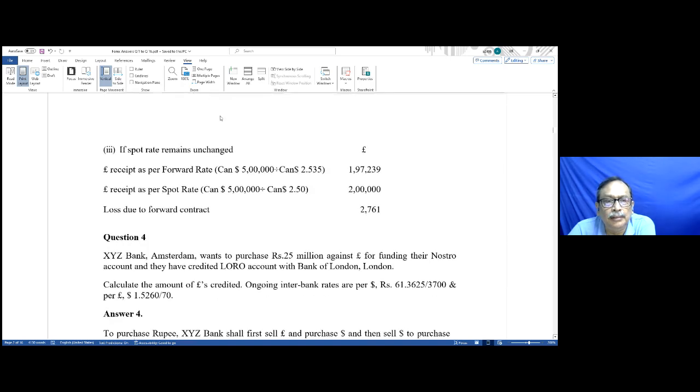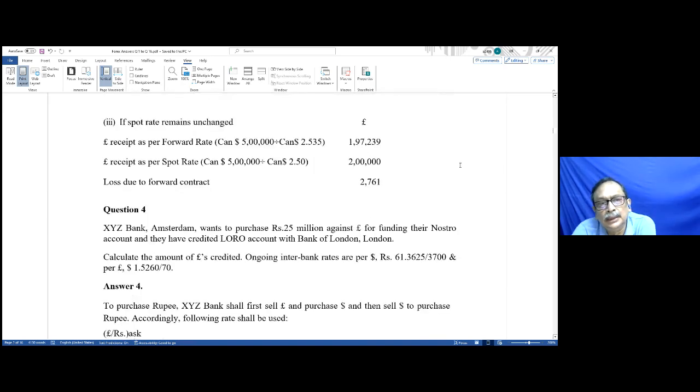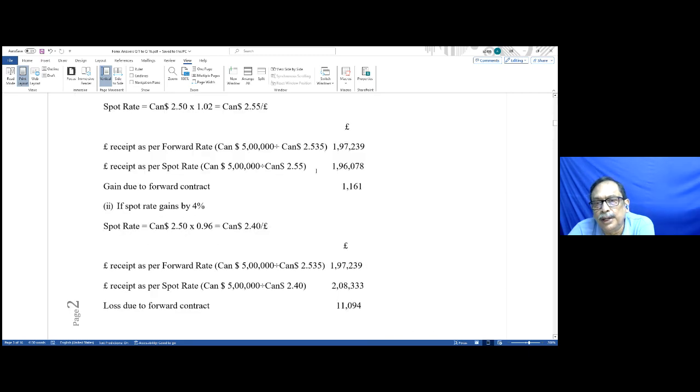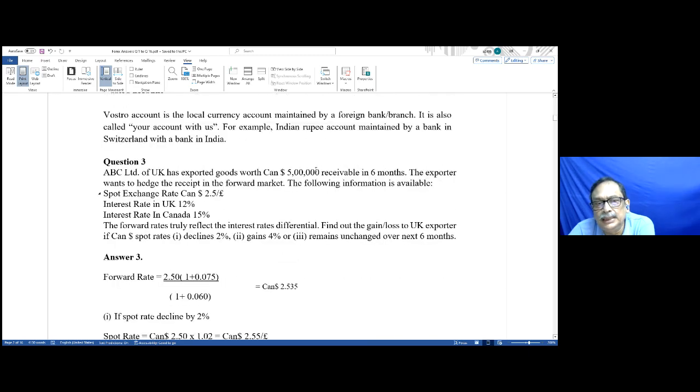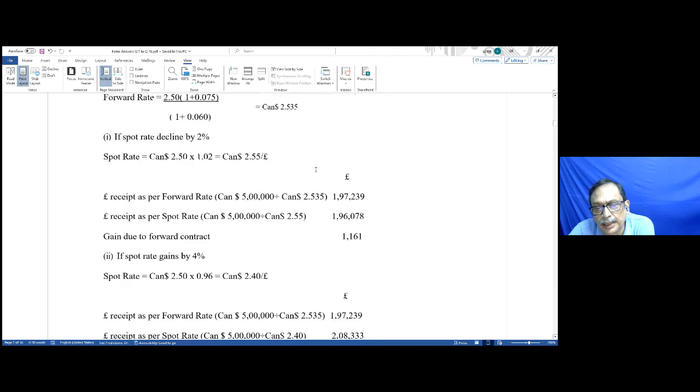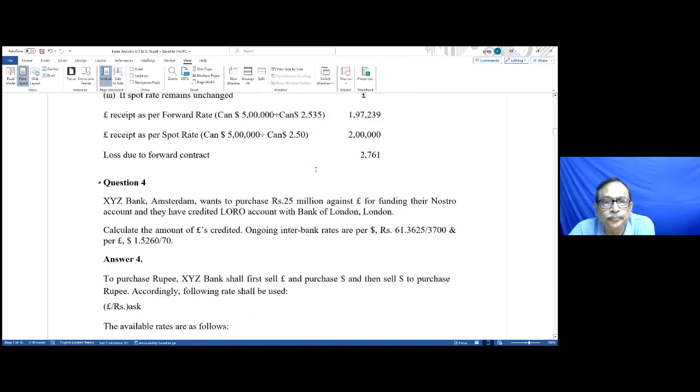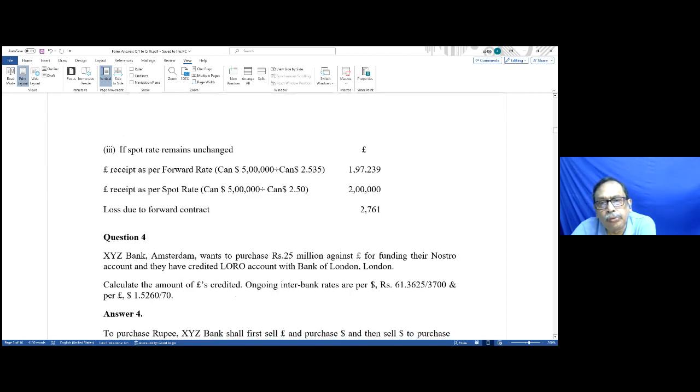So if spot rate remains unchanged, then pound receipt as per forward rate will be Canadian dollar 5 lakhs divided by exchange rate of Canadian dollar 2.535, that we have already computed, as it is revealed, the forward rate. So it comes to 197,239.